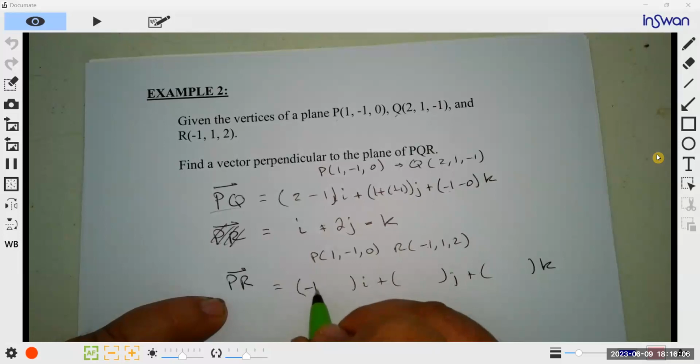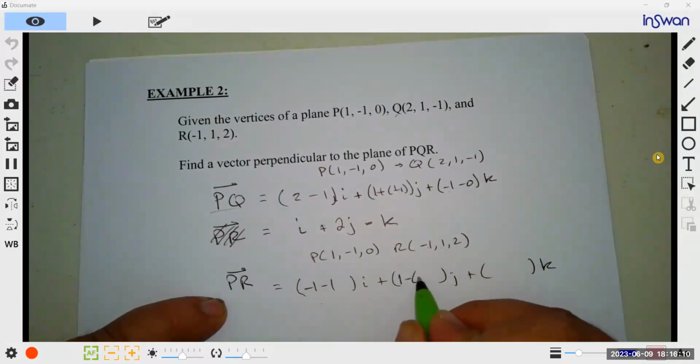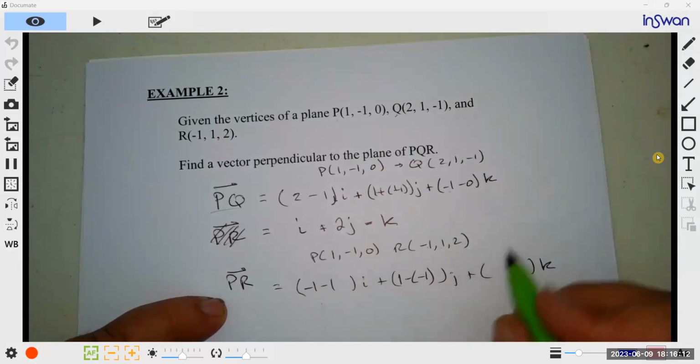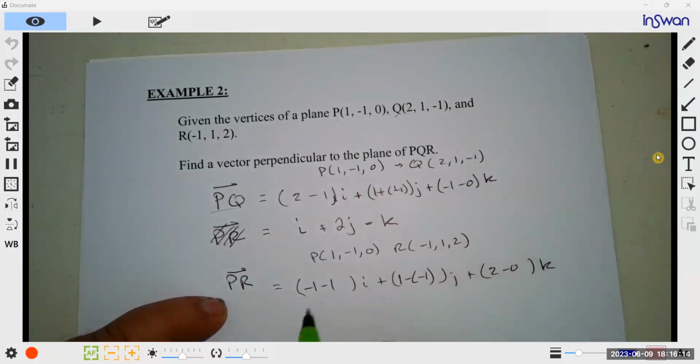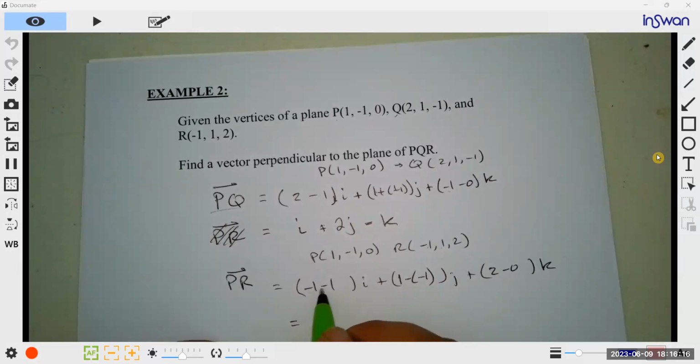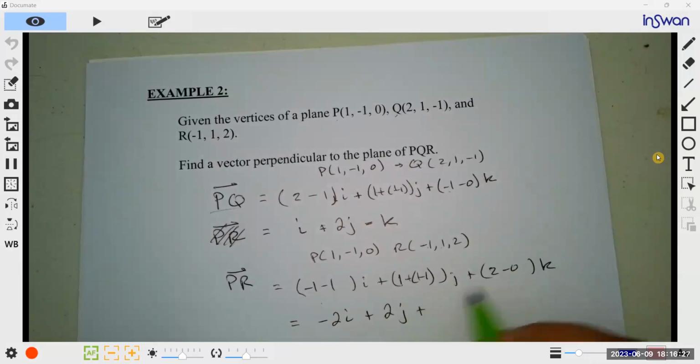So it's negative 1 minus 1, 1 minus negative 1, 2 minus 0. Negative 1 minus 1 is negative 2i. 1, negative, negative, positive, so it's plus 2j. 2 minus 0 is 2k.